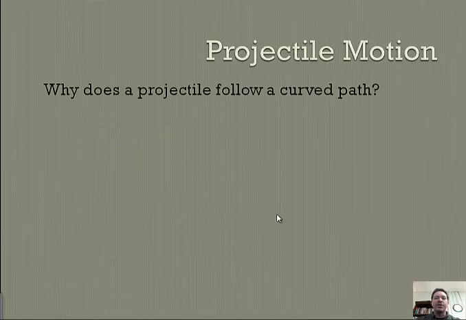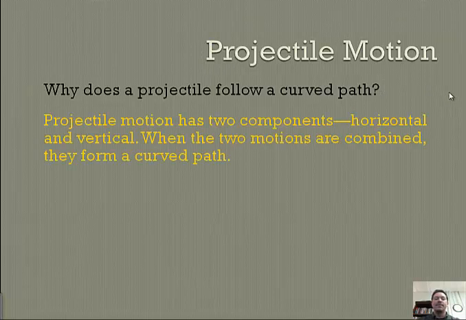Alright, so projectile motion. Why does a projectile follow a curved path? And I'll just put out there that this projectile motion slide is a very basic introduction. If you move on to take physics, you'll be exploring this topic of projectile motion in more detail. So projectile motion is going to have two components.